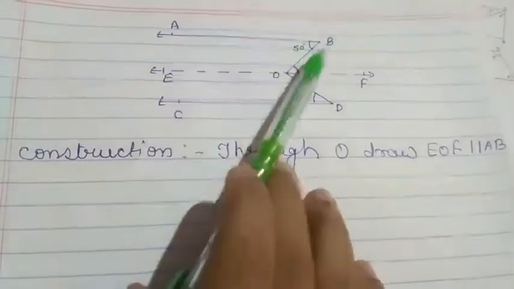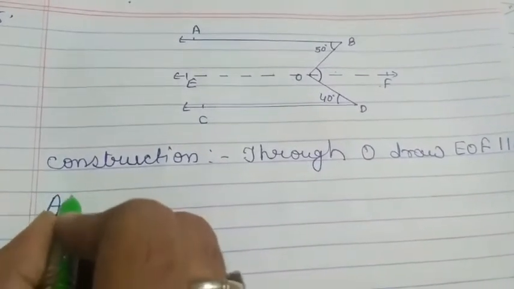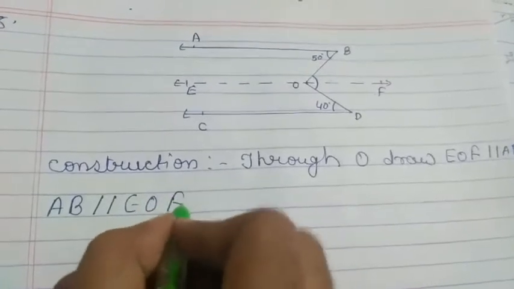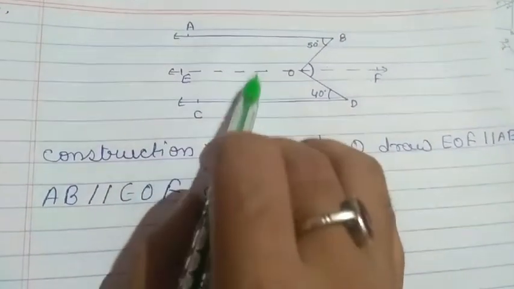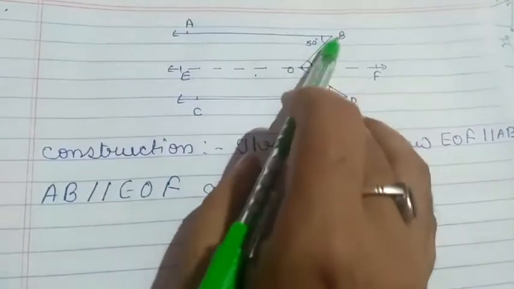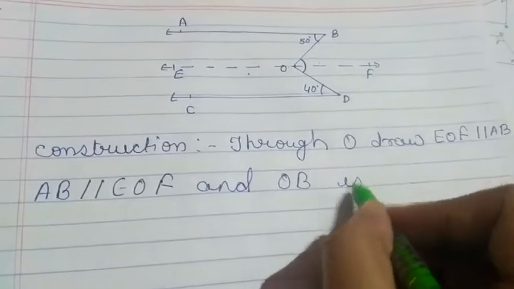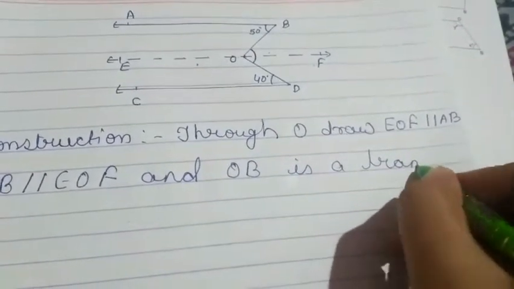Now you can write here AB parallel to EOF, and these both lines are parallel, that means OB is a transversal.